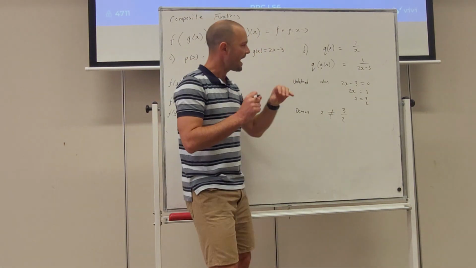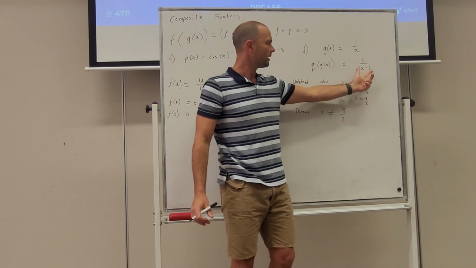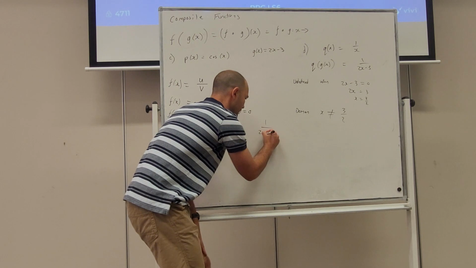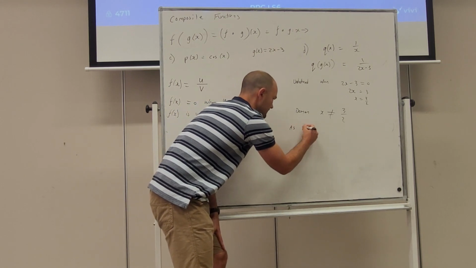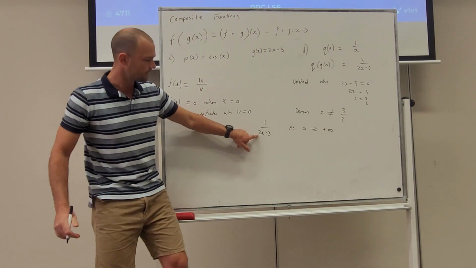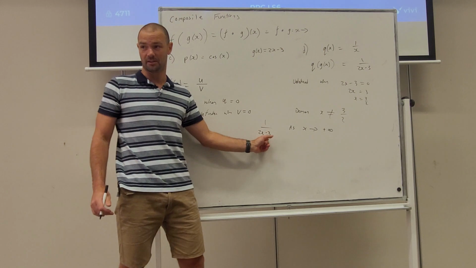What happens as x gets really large? Think about if I put 1,000 in here. I've got 1 on 2x take 3. As x approaches positive infinity, if this gets really large, I'm going to have 2 times infinity, which is enormous.